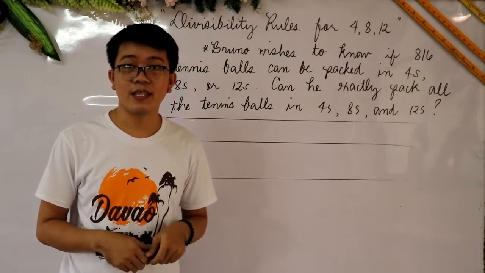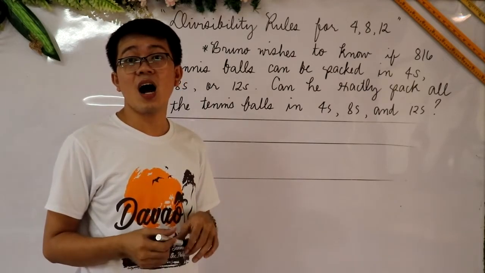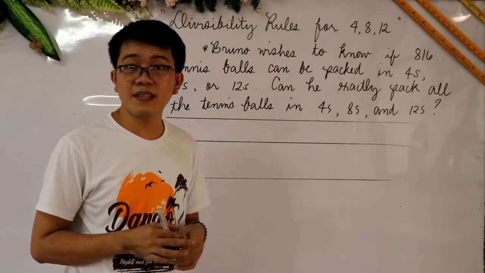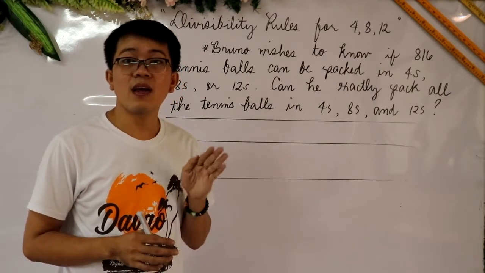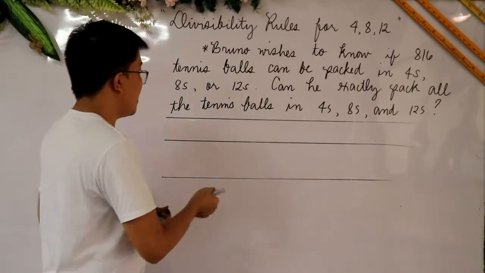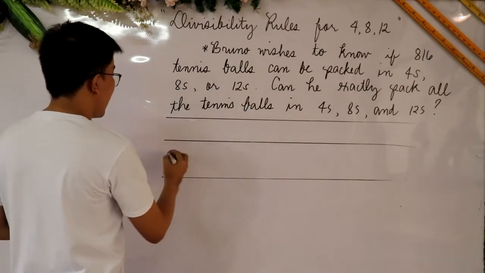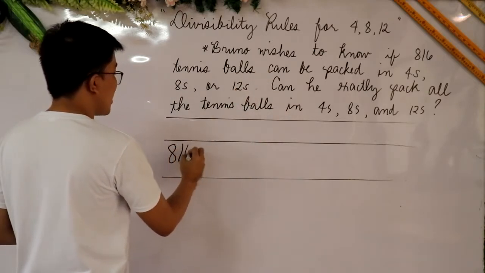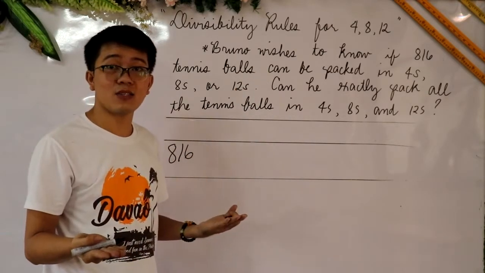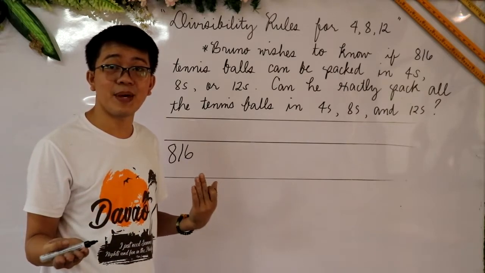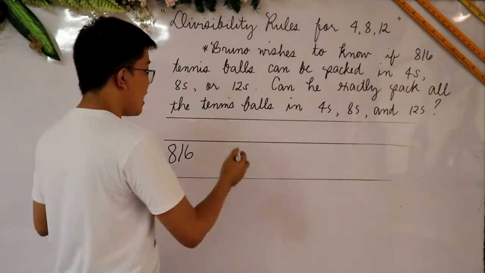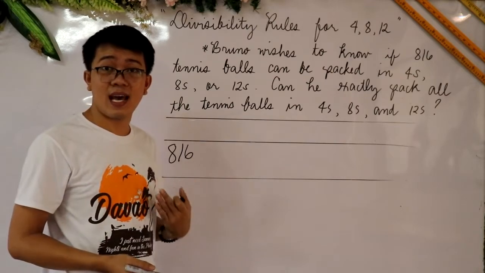That's the question. Let's use our learning about the divisibility rules for 4, 8, and 12. Write in the number here, 816, to check if it can be divided exactly by 4, 8, and 12.